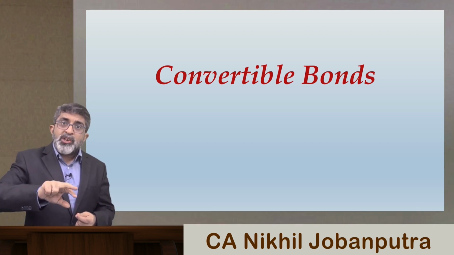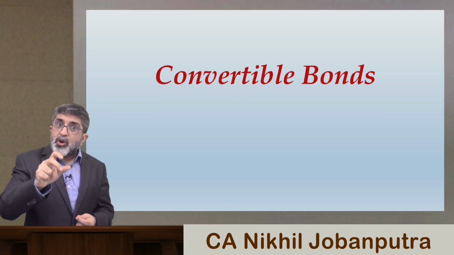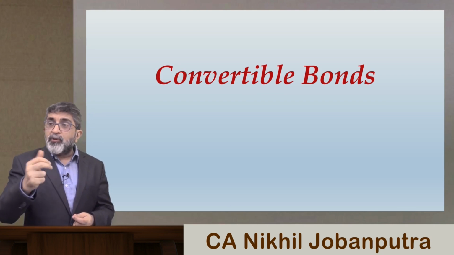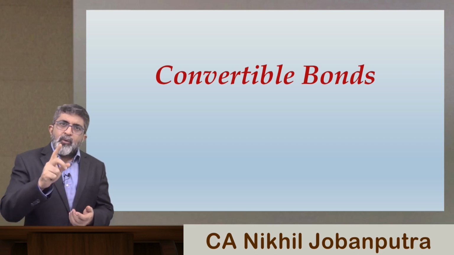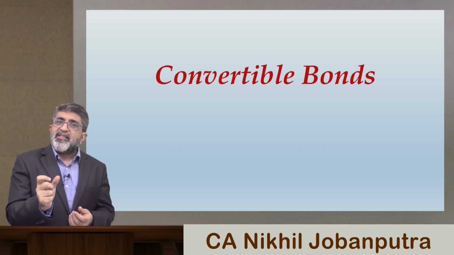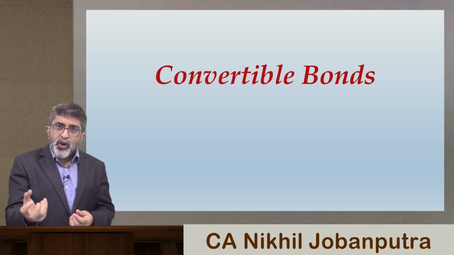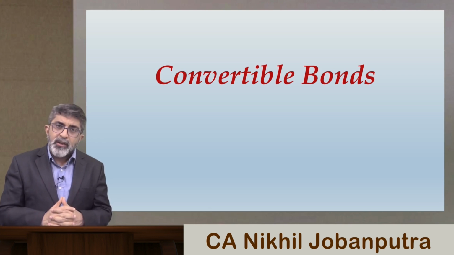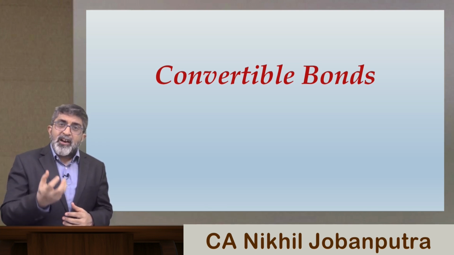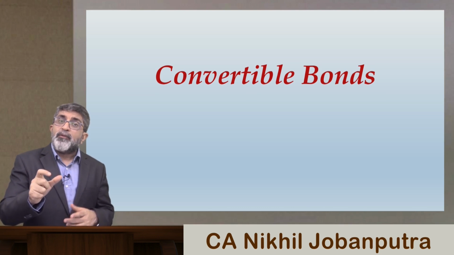So the conversion value of that bond becomes $1,200. If the bondholder is asking for cash redemption, they will be getting only the par value, that is $1,000. Why would someone ask for a par value of $1,000 when the conversion value is $1,200? So what makes it attractive is the share price of the issuer.